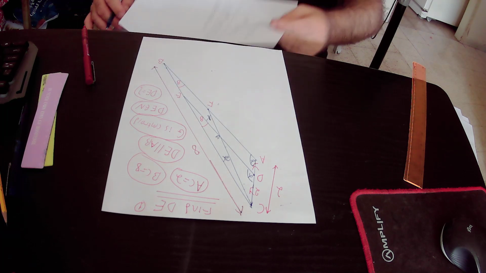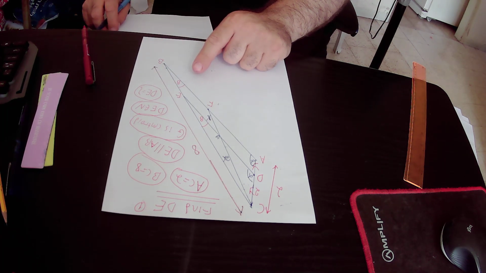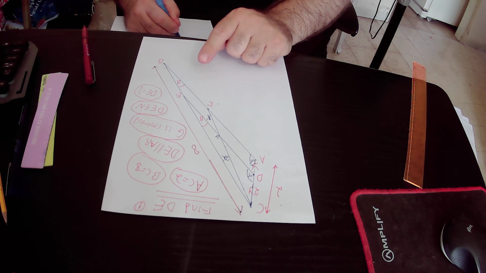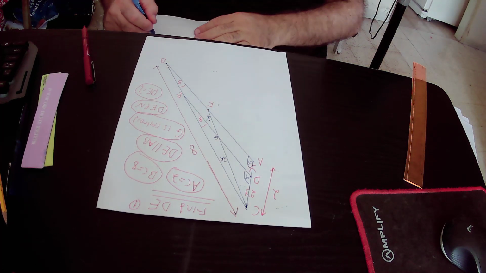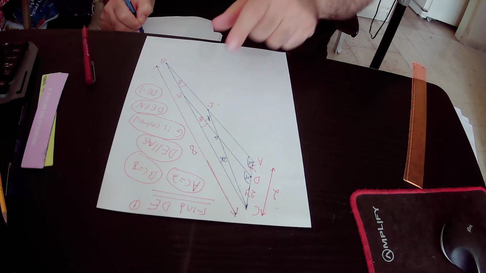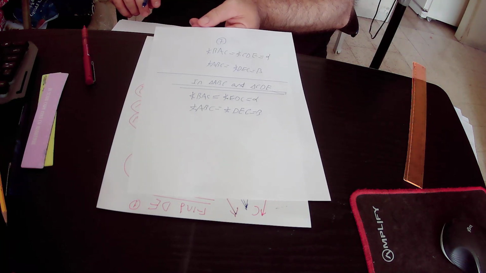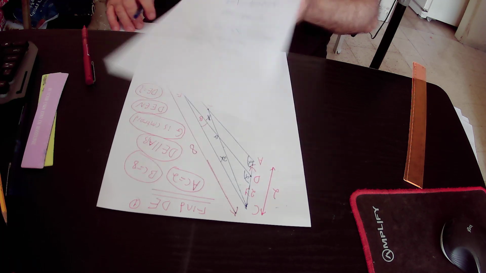And we also know that angle ABC, this angle, is equal to angle DEC, this angle, and both those two angles are equal to beta. Okay, so angle ABC equals angle DEC, and both are equal to beta.